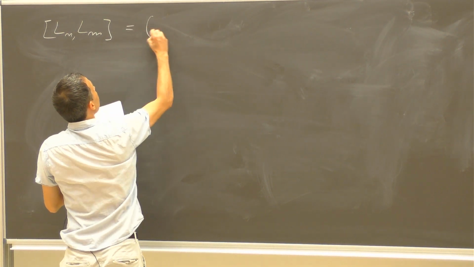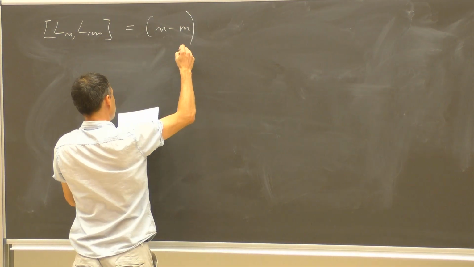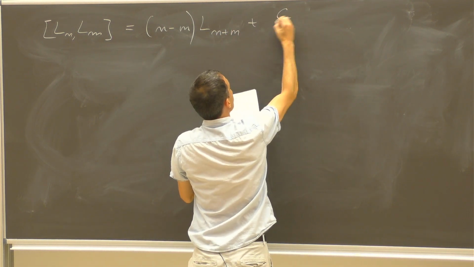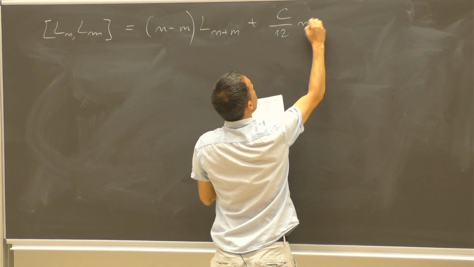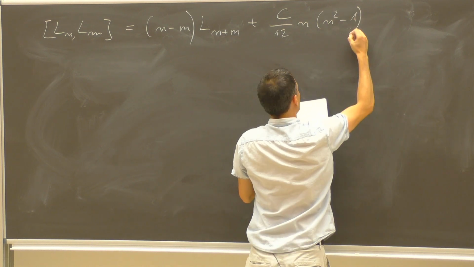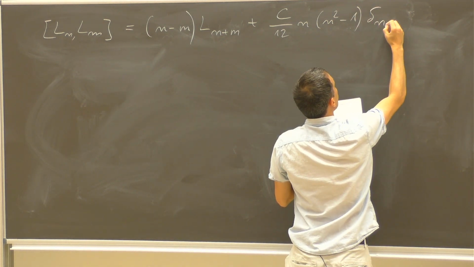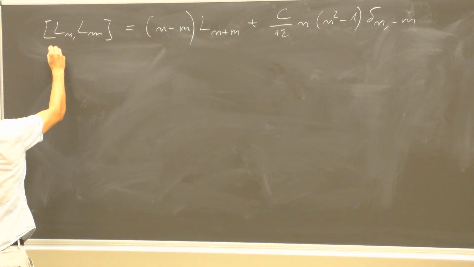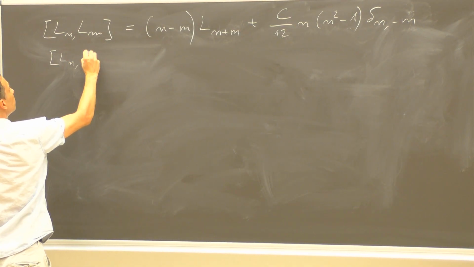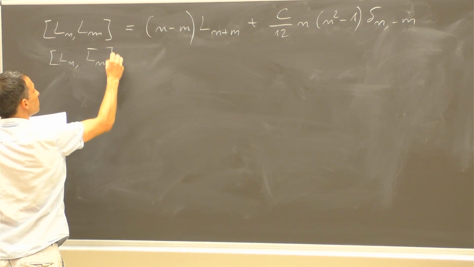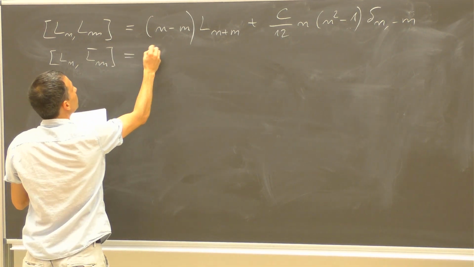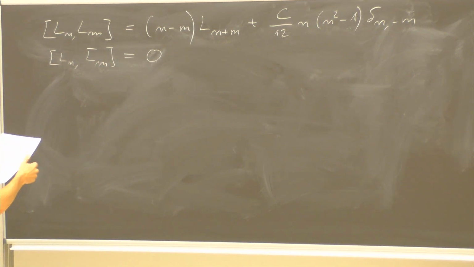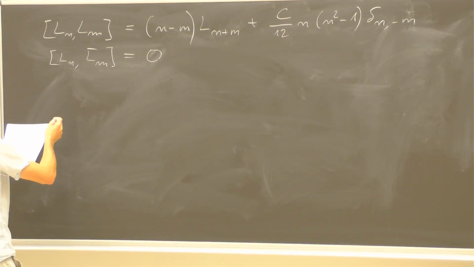It indeed does. And what you get is the following relation. These L_n's and L bar_n's turn out to be independent. So this is one reason why you can indeed think of them as independent algebras.